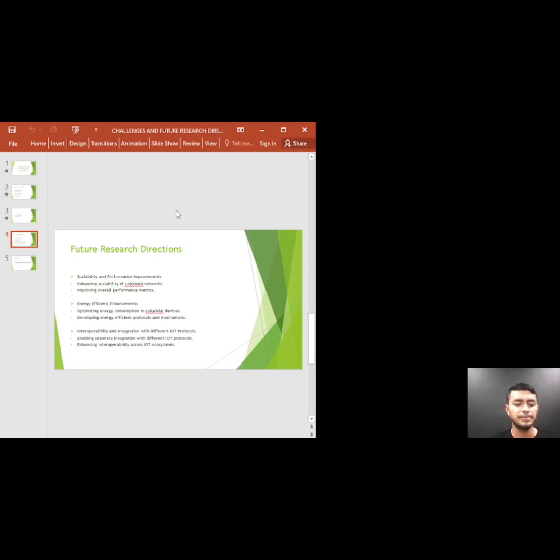This could include optimizing communication protocols, managing power more efficiently, and exploring energy harvesting technology. And the last one is interoperability and integration with different IoT protocols, which is seamless integration with different IoT protocols and enhanced interoperability across IoT systems.